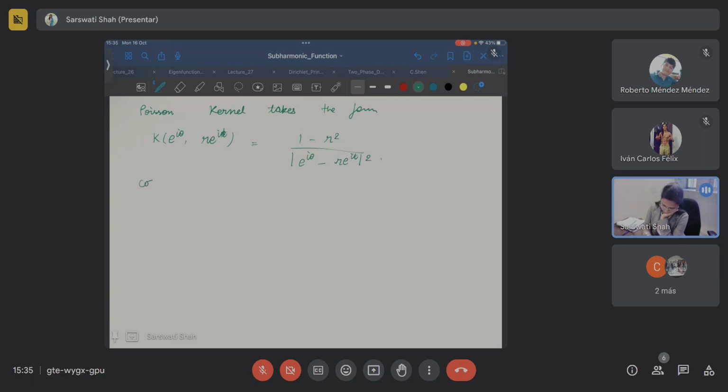So cos theta plus iota sin theta minus r cos theta minus iota r sin theta.